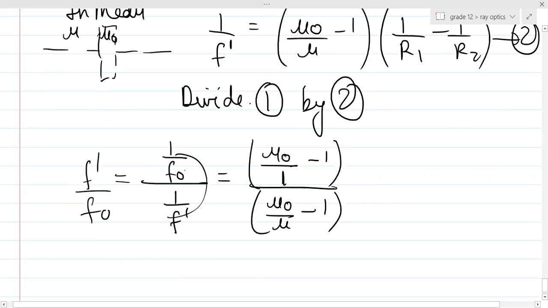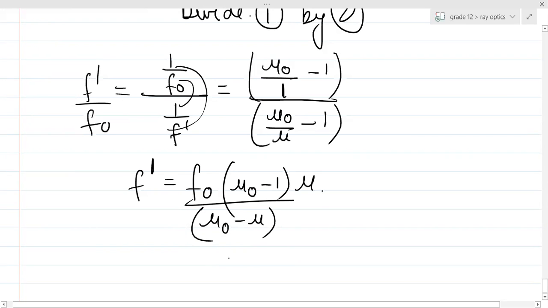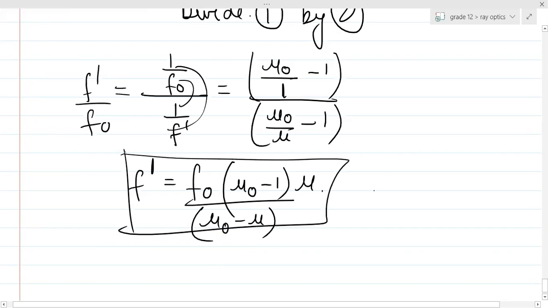This goes up, this goes down, so they get multiplied like this, and from here f dash will be equal to f naught into mu naught minus 1, divided by mu naught minus mu. This goes in the denominator, and multiplying up, it becomes like this. So that's the final answer.